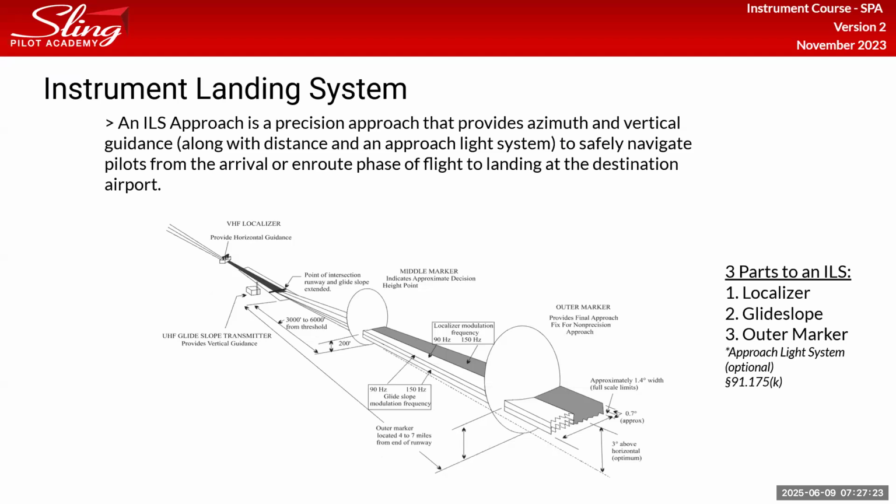But I would still talk about the four components of an ILS: lateral, localizer; vertical, glide slope; range, distance, marker beacons; and then visual, approach lighting system.